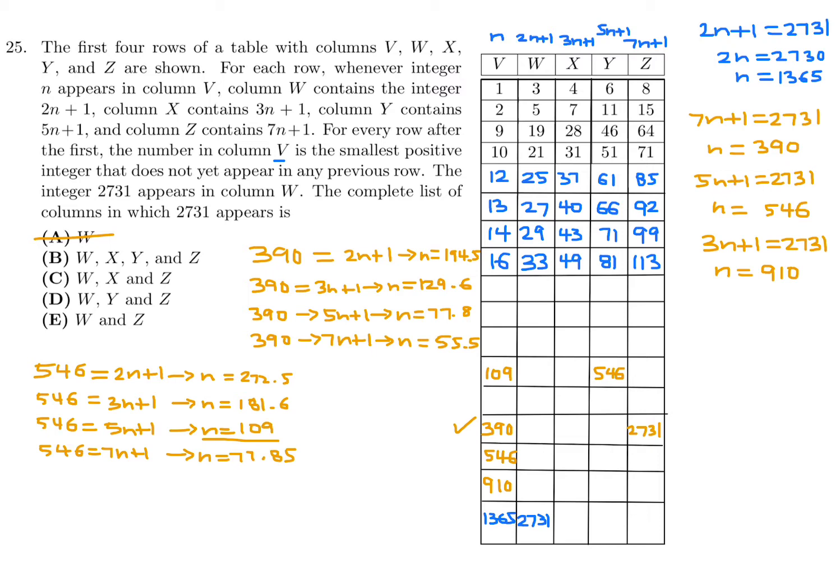Okay, so let's go through this. We have to now do the same thing for 109. Does it equal 2n plus 1 and so on? 3n plus 1, 5n plus 1, 7n plus 1. Okay, for each of these we get the following.